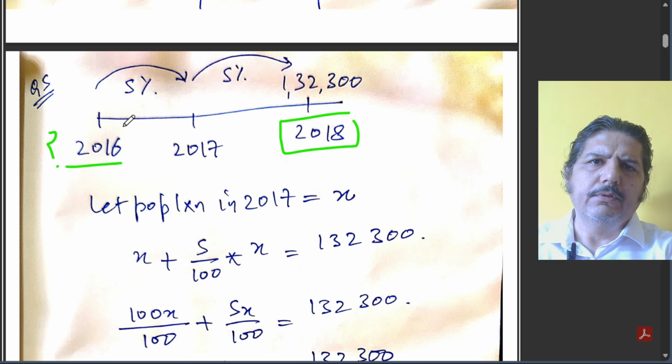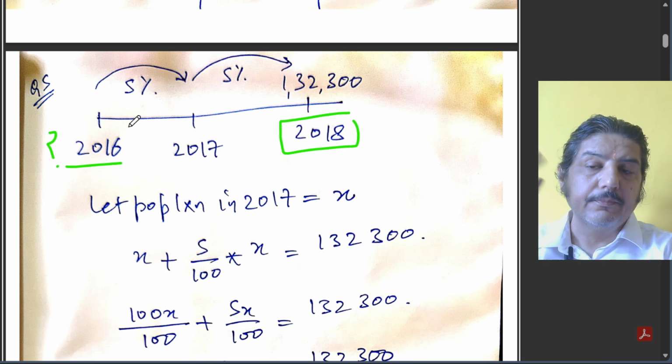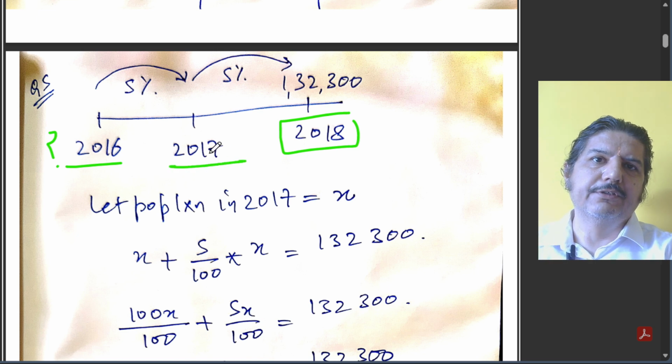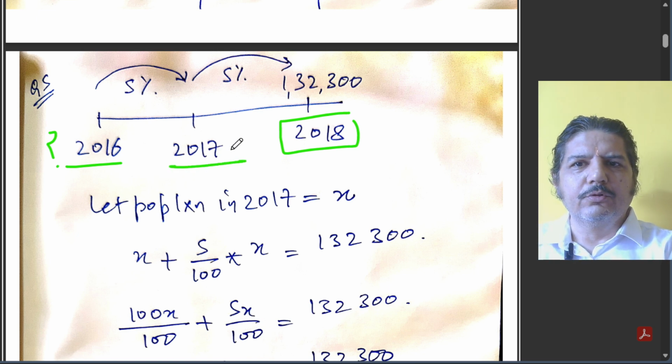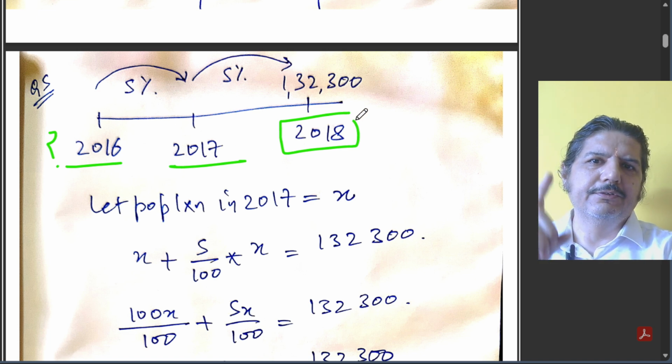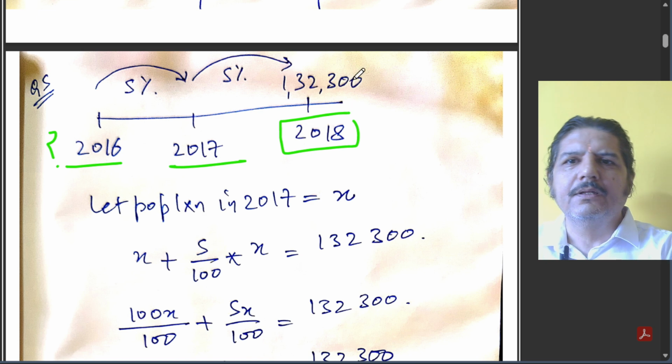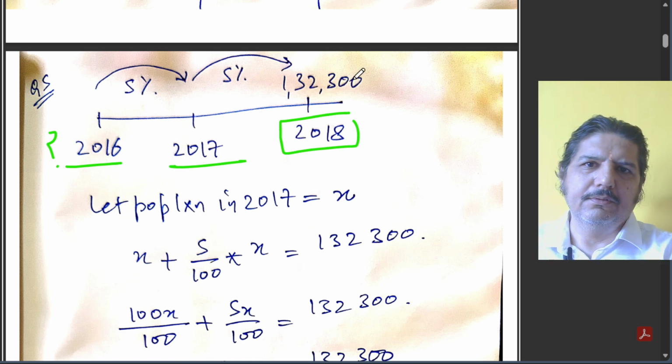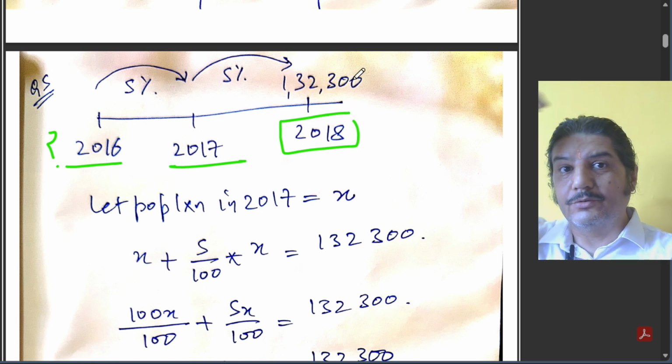There would be some population in 2016. It would increase by 5%. You will get the population in 2017. In 2017, again there will be an increase of 5% and you will get the 1,32,300 population which is given for 2018. I hope the question is making sense to you.